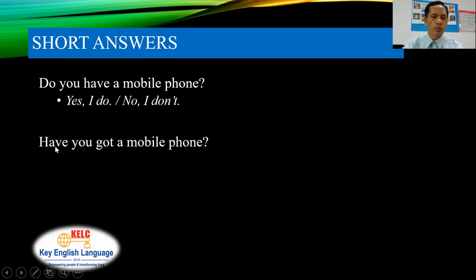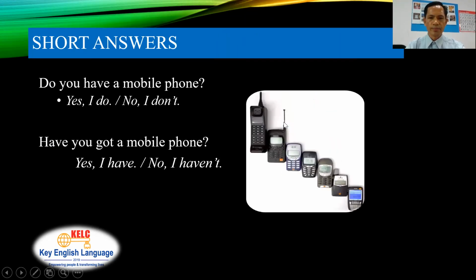The question begins with the verb have, and the answer is also the verb have. Yes, I have. No, I haven't. So in yes or no questions, you just use the helping verb. Do: yes, I do, no, I don't. Have: yes, I have, no, I haven't. The meaning is the same, but the structure is a bit different.